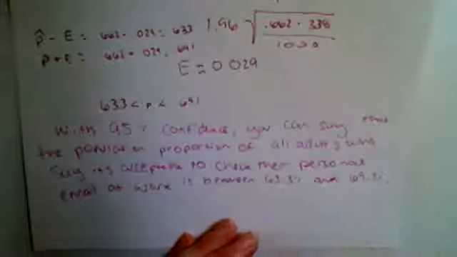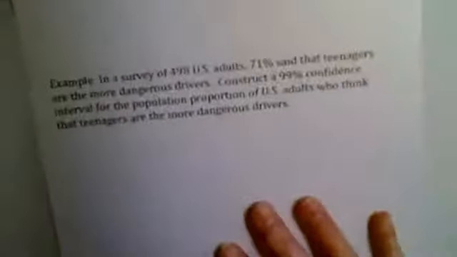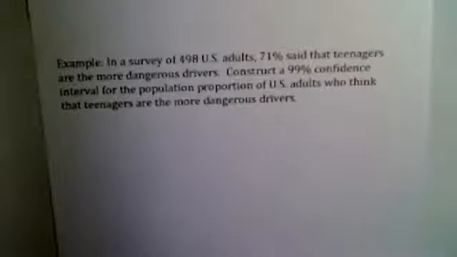All right, let's do another one. Okay, so we have a survey of 498 US adults. 71% said that teenagers are more dangerous drivers. Construct a 99% confidence interval for the population proportion of US adults who think teenagers are more dangerous drivers.